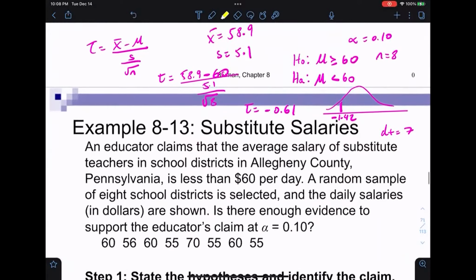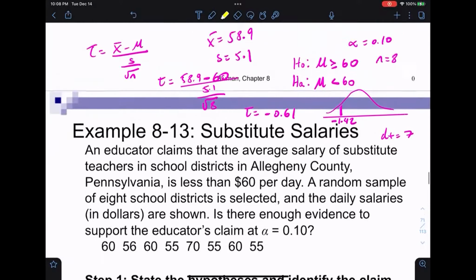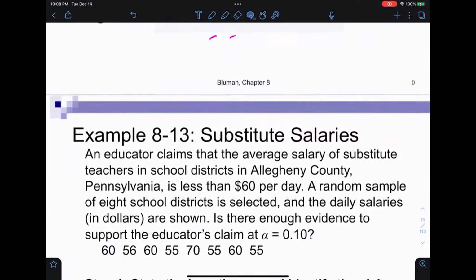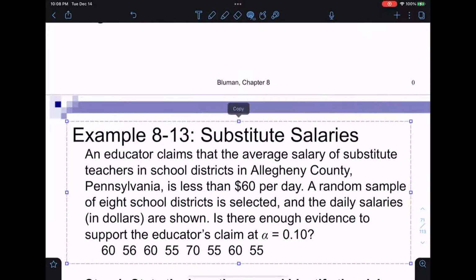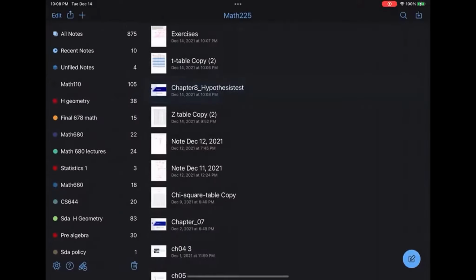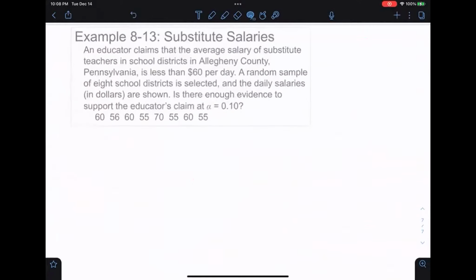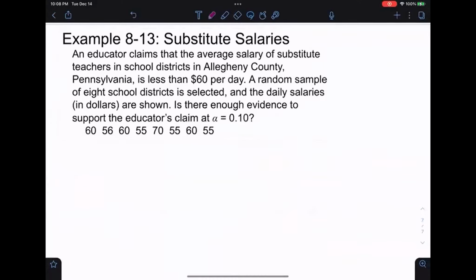Okay, let's do another one. Here, an educator claims that the average salary of a substitute teacher in this district, Pennsylvania, is less than $60.